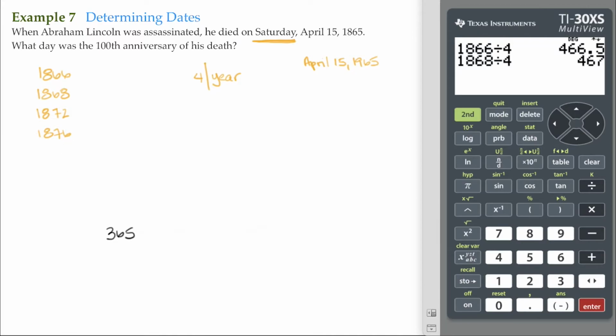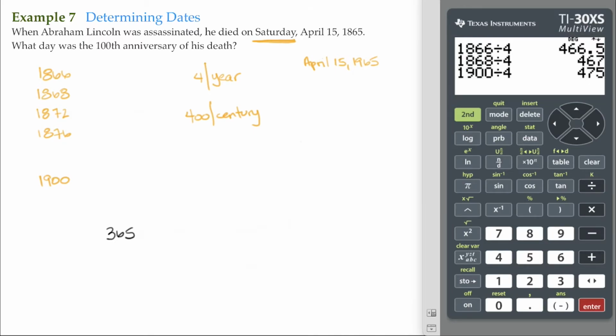However, a centurial year must be divisible by 400. So 400 should divide into a centurial year. A centurial year is a year that begins a new century. So between 1865 and 1965, we have the century 1900. So 1900 divided by 4 suggests that it would be a leap year since 4 does go into it evenly.